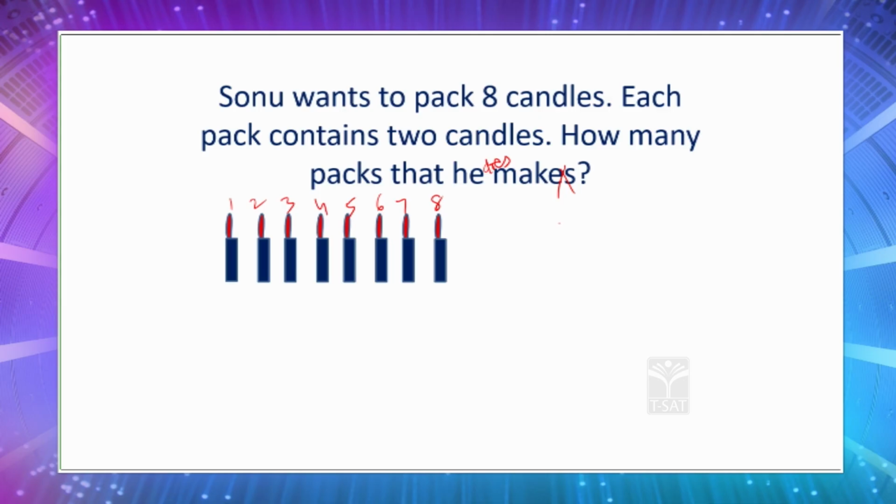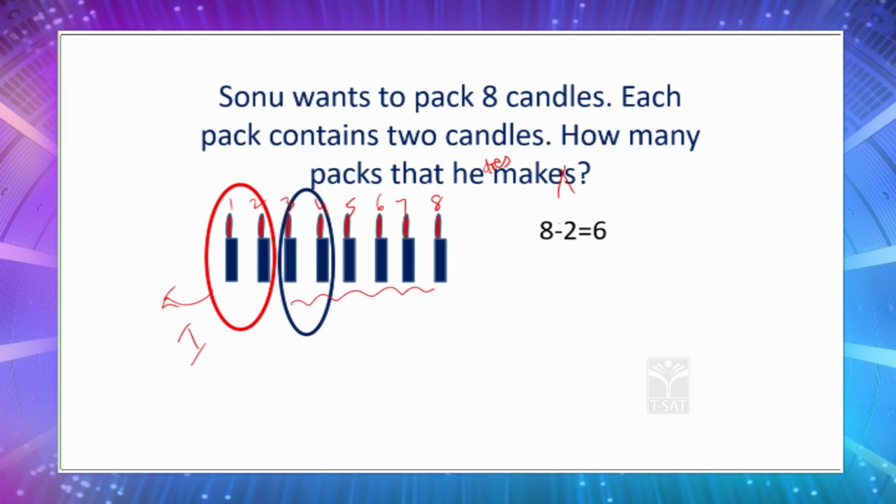But the condition is there, each pack contains 2 candles equally. Each pack contains 2 candles. So, we are regrouping the candles in 2, 2, 2, 2, right. This is first group. So, 2 will be packed with 2 candles in one pack. So, remaining are 6.